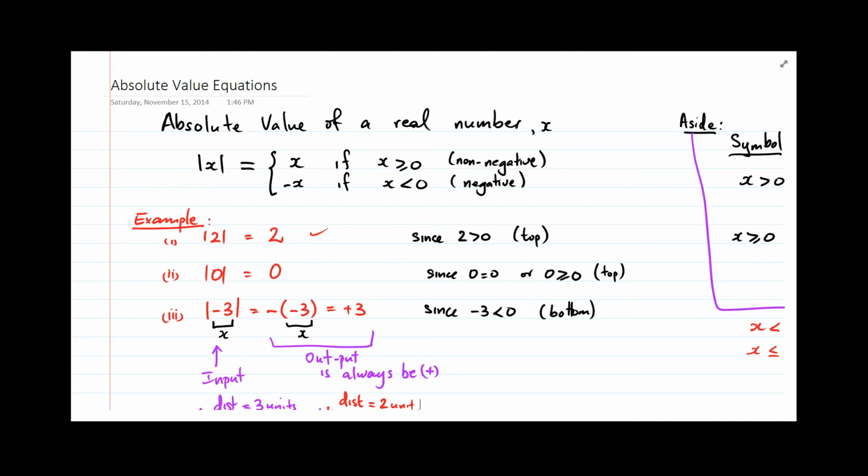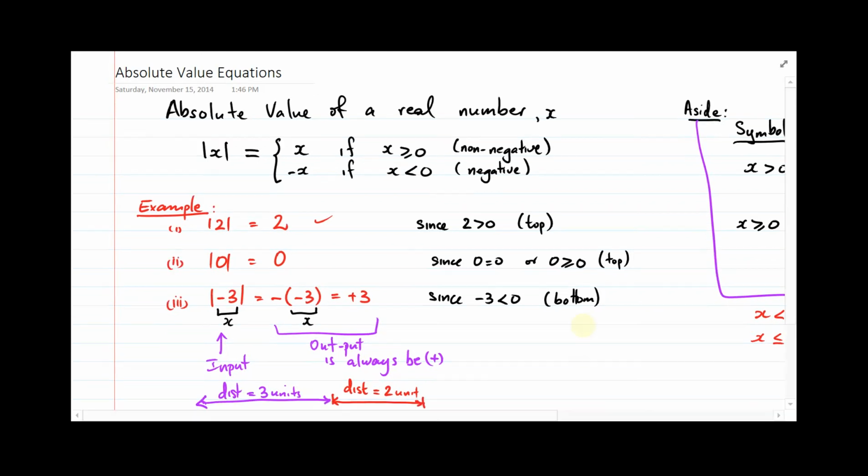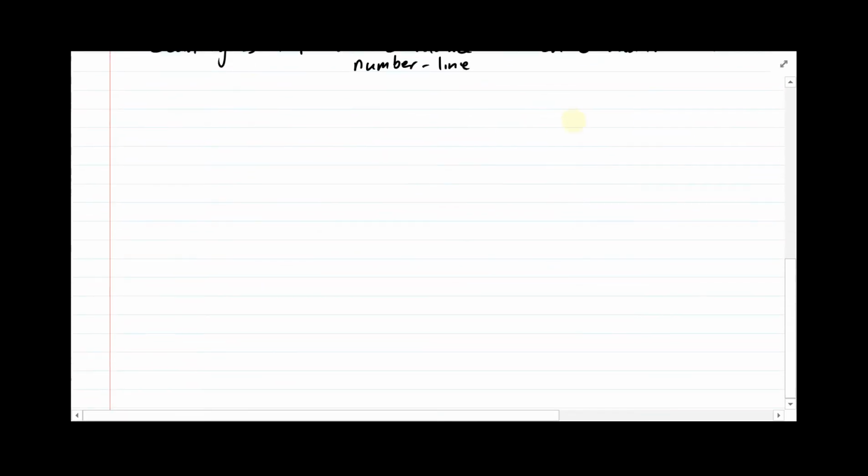If the number happens to be negative, then I take the opposite, the negative of that number.